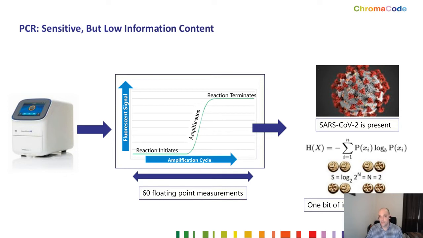I get 60 cycles' worth of data, or 40 cycles, or 20 cycles, or however many you're doing. You get a number that's down to 5 decimal points of the fluorescence intensity, and you reduce all of that data down to one thing: whether the SARS-CoV-2 is present. In the information theory world, you call that one bit of entropy, where either my target is present or my target is not present.